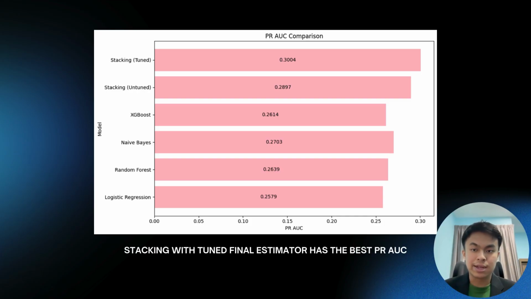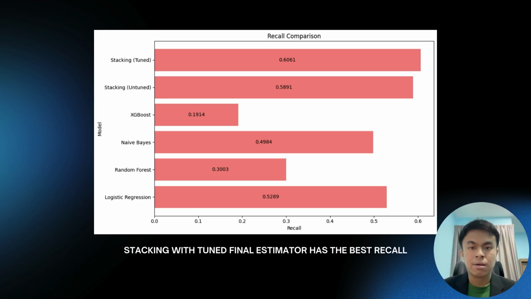So we can see that the stacking with the tuned logistic regression has the better overall PRAUC. For the recall comparison, the stacking with the tuned logistic regression final estimator also has the best recall among all the other models.